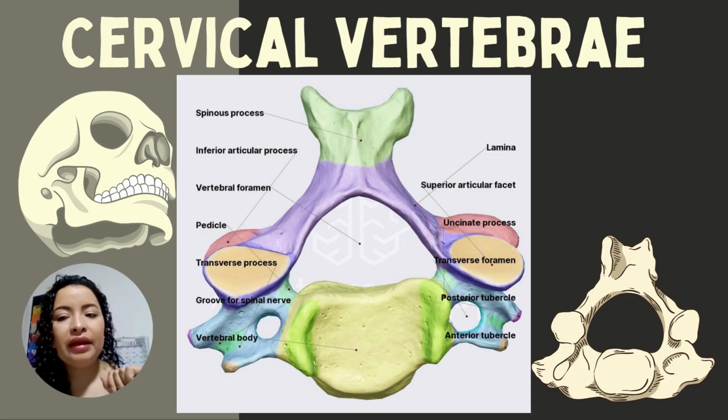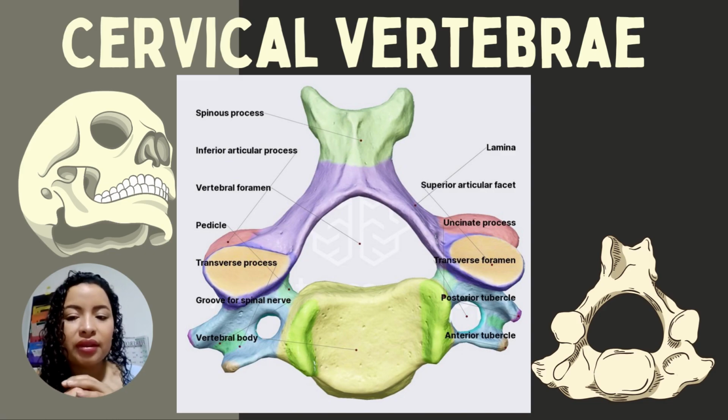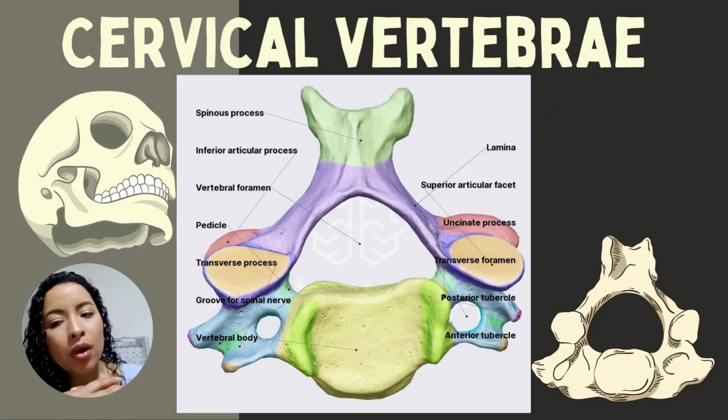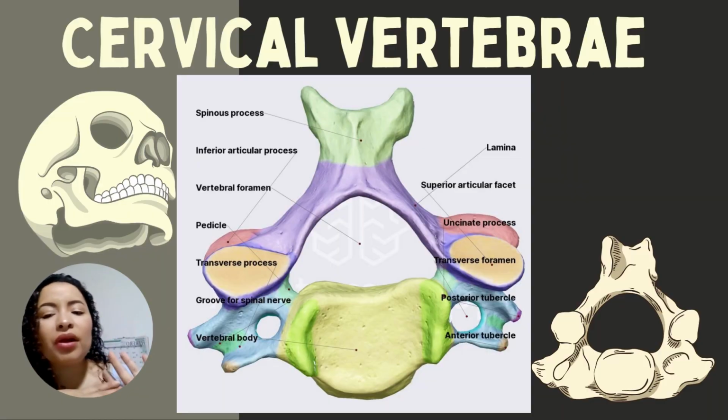These foramina facilitate the passage of nerves from the spinal cord. The pedicles, lamina, and body of each vertebra form the vertebral foramen. The vertebral canal is the space extending along the spine formed by the overlapping vertebral foramina.